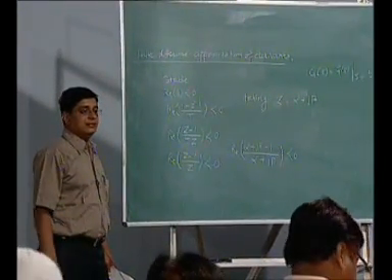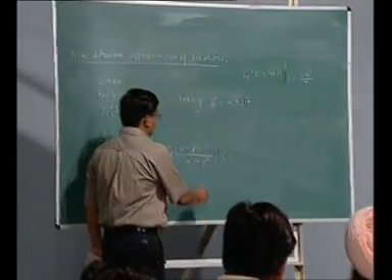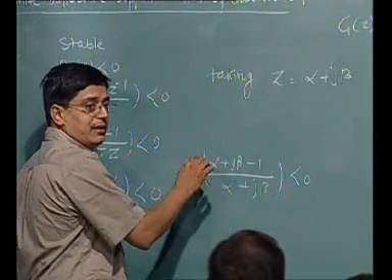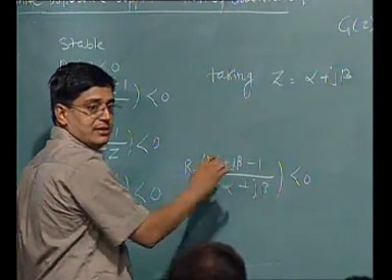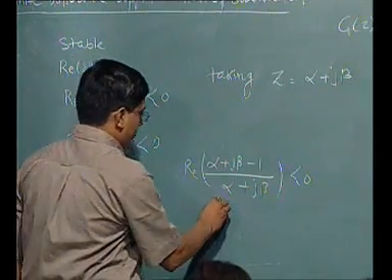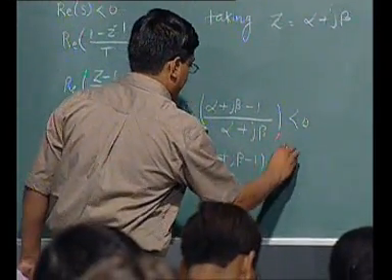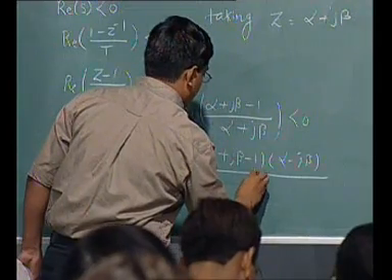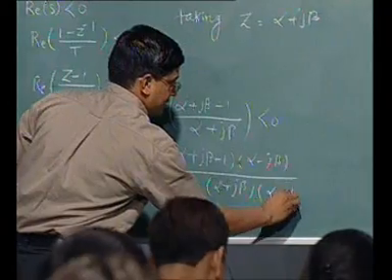Is it clear? Now, I have to take out only the real part. So, for that multiply the whole term by (alpha minus j beta). So, solve this. We can write this as (alpha minus j beta) upon (alpha plus j beta)(alpha minus j beta).